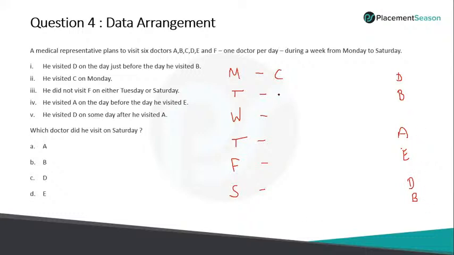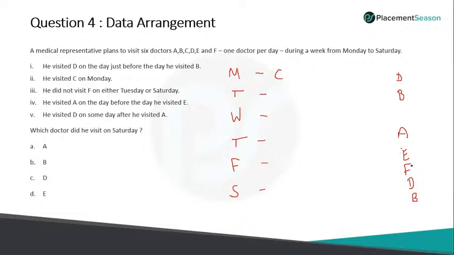If I fix it here like A, E, D, B, I will have Saturday free and I have to fix F, but it is given F cannot be Saturday. Okay, if I fix just one step below, A, E, D, B together, then Tuesday will be free and Tuesday cannot be F. I cannot separate A, E, which means I cannot fix F in between A, E, nor in between D, B. The only place left is here.